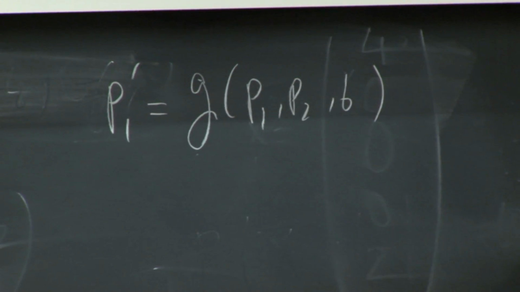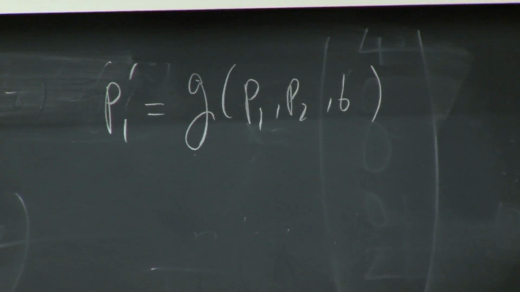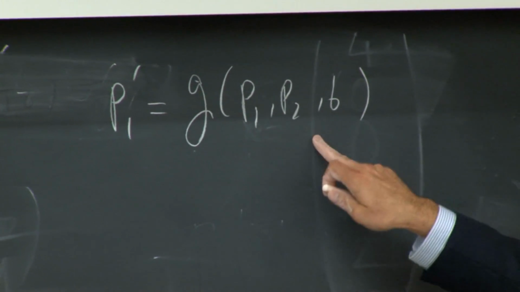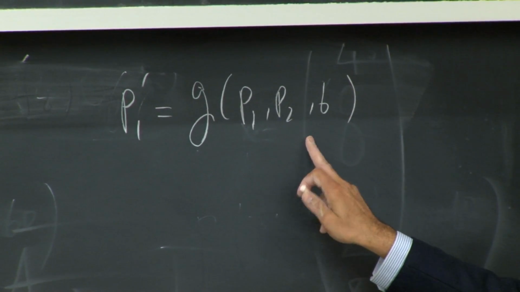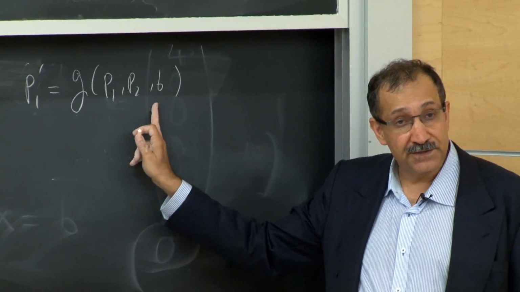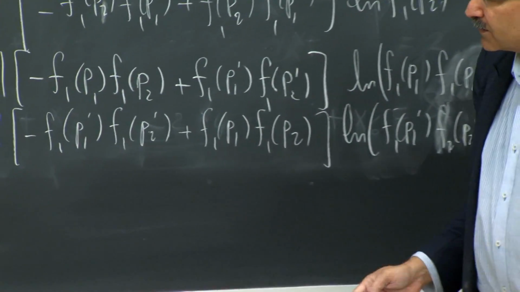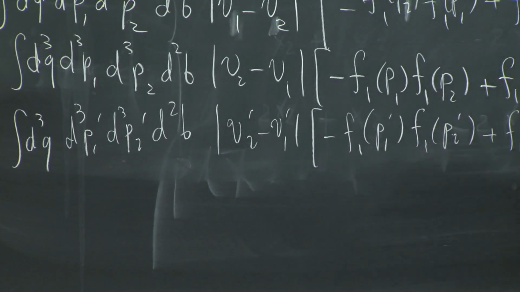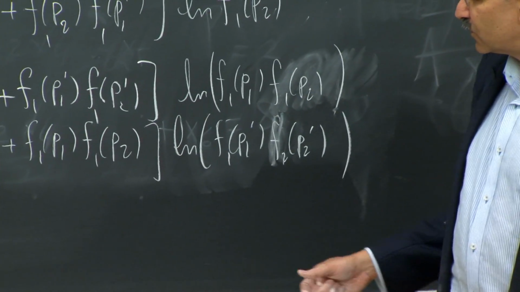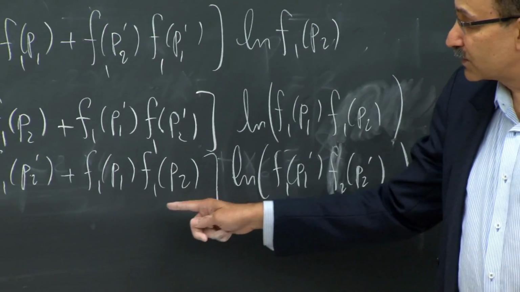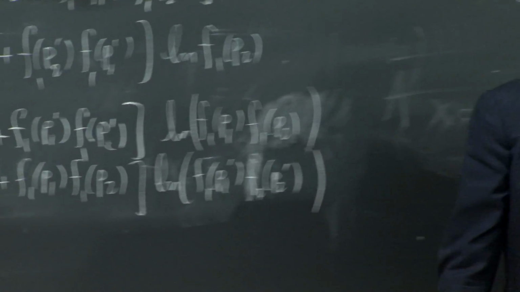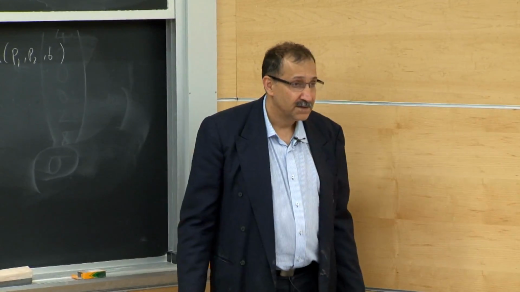And similarly for p2 prime. So what I have done is I have changed from my original variables to these functions. So when I write things over here, now p1 prime and p2 prime are the integration variables. p1 and p2 are supposed to be regarded as functions of p1 prime and p2 prime.